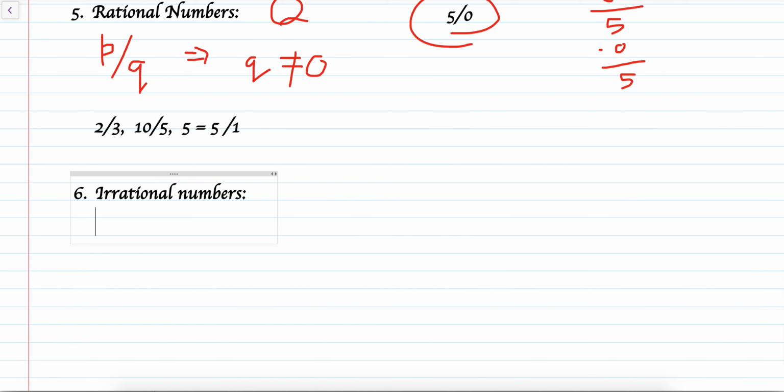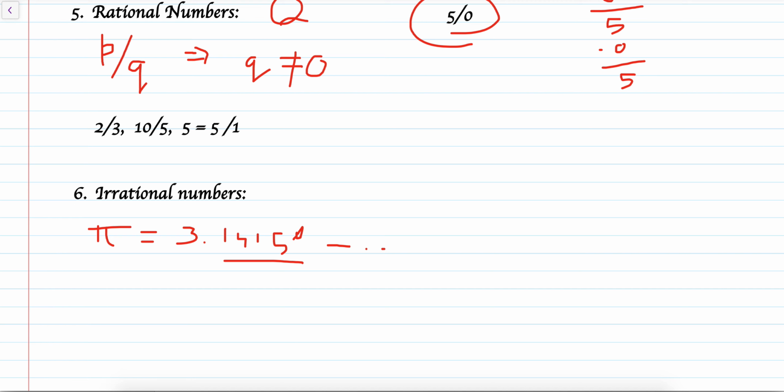The most common example would be pi. The value of pi is 3.14159 and so on. The value will continue, it will never terminate.